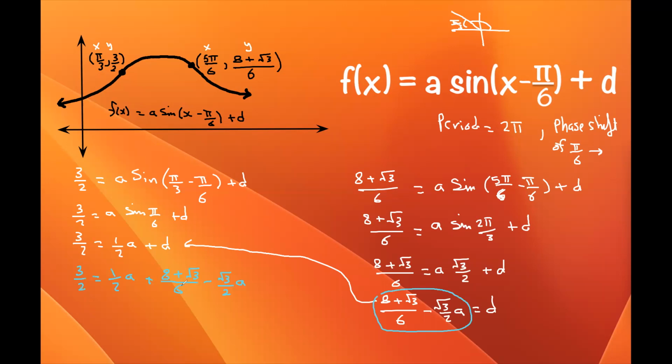Now I'm gonna move this to the other side. So I'm gonna have 3/2 minus all of this equals 1/2 A minus √3/2 A.